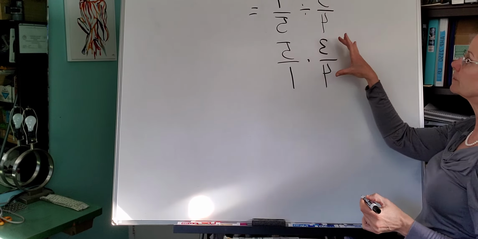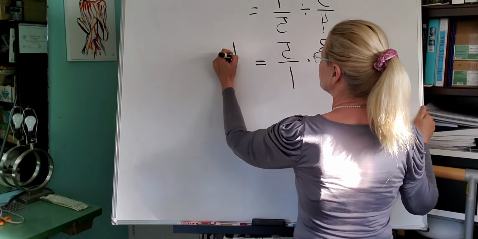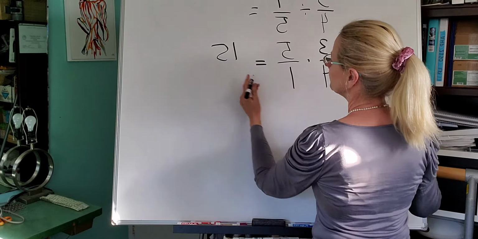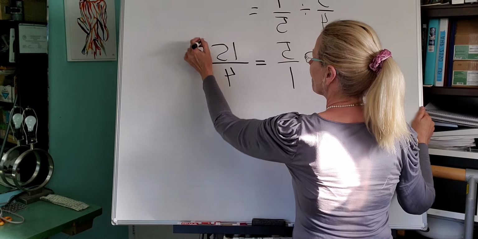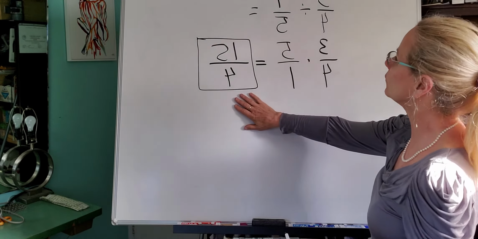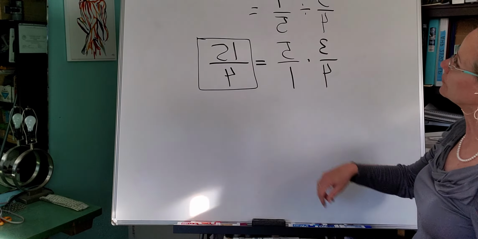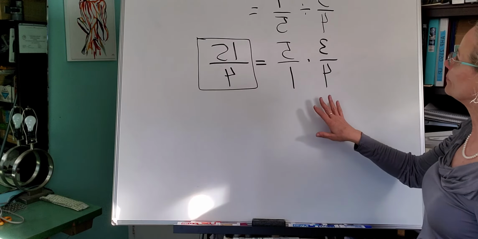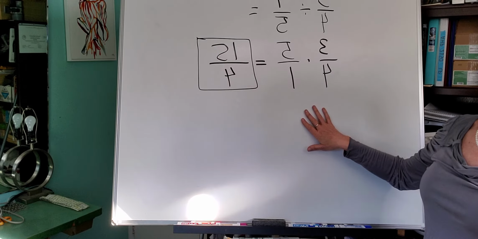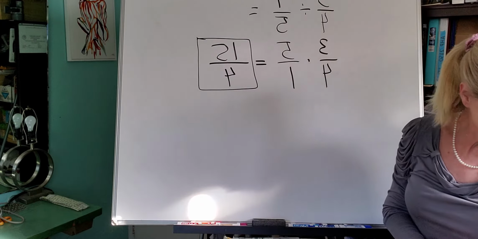It's still true. It's still honest, and we multiply straight across. 3 times 5 is 15, and 4 times 1 is 4. So 15/4, or 3 1/4. Nope, 3 3/4. So can't divide fractions. You flip the second one and multiply straight across.